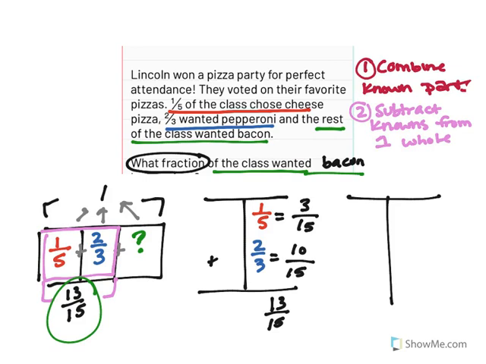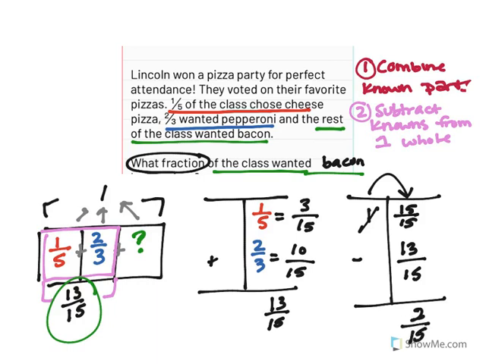Here we go. All right, 1 minus 13/15. I can't take 13/15 away from nothing, so I have to decompose a whole to the fraction side, and I have 15/15 minus 13/15, and I get 2/15. So we had 2/15 of our class that wanted bacon pizza. That was our missing part right here.